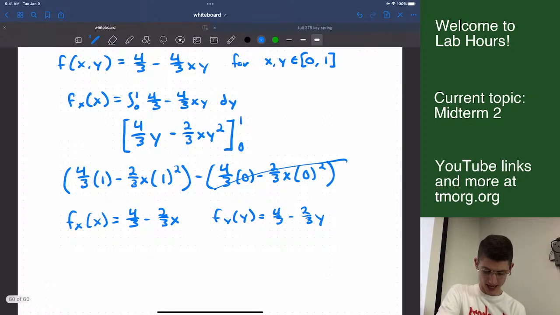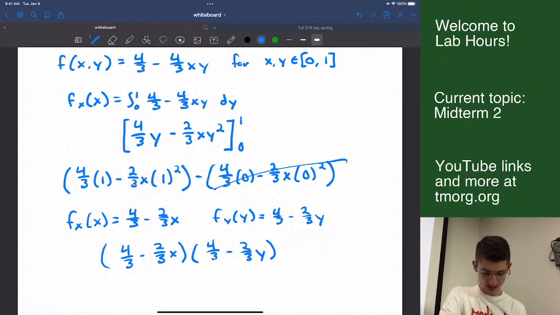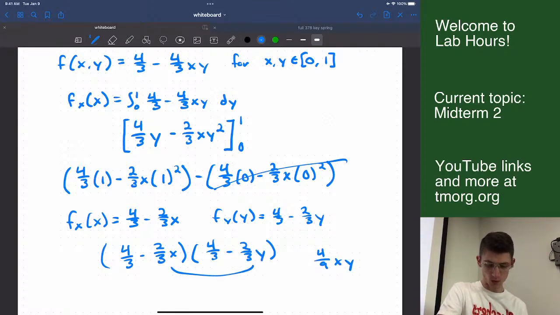Absolutely. And when we multiply these together, you can fairly clearly see that this is not going to be equal to the same thing. Not least because you will get 4/9 xy when you needed a 4/3 xy.